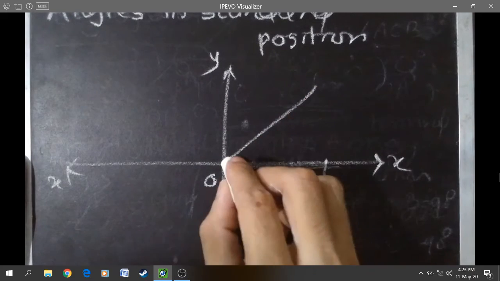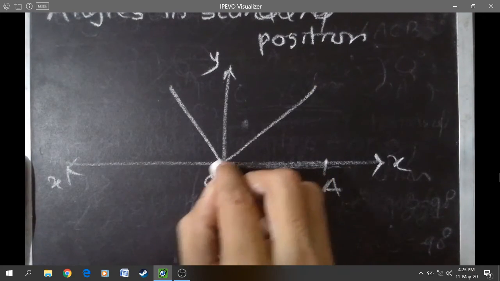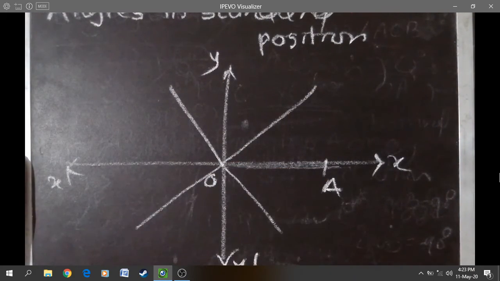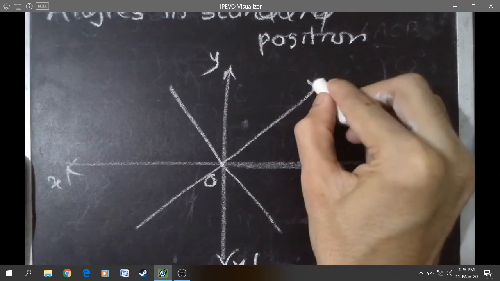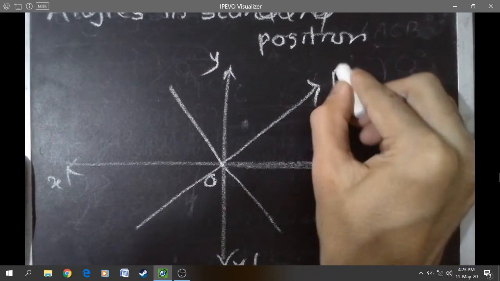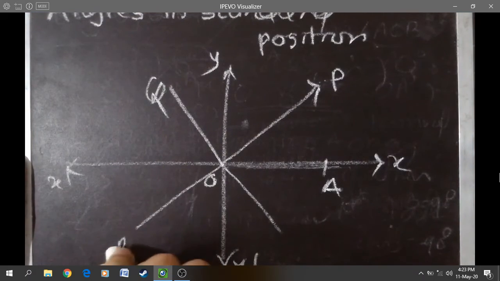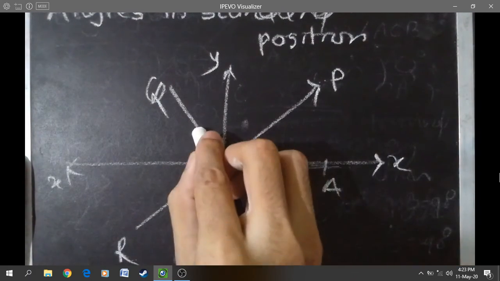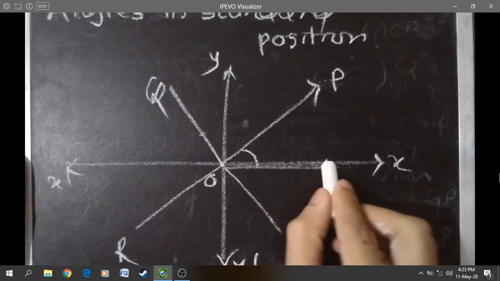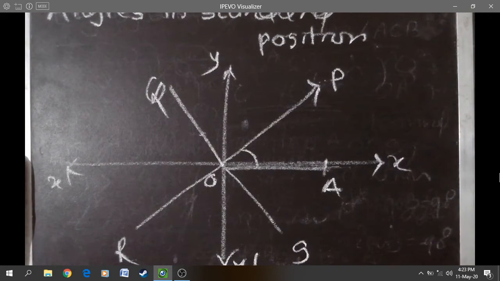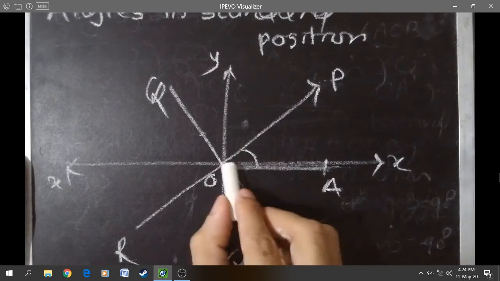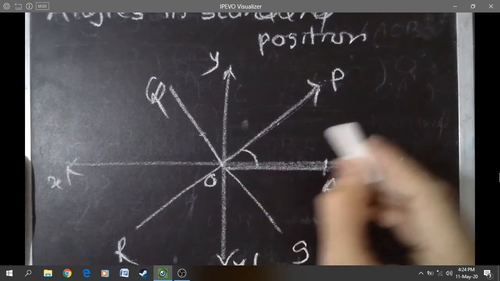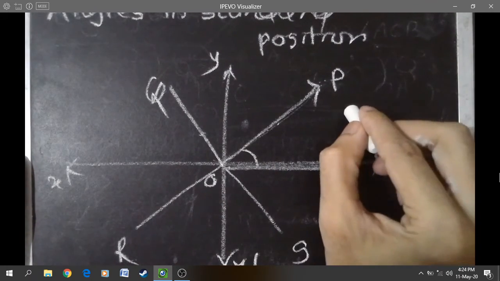You can draw angles at different points, right? Suppose these are P, Q, R. So this one is the first angle, right? Because OA is the initial ray, and OP is the terminal ray. So what is the angle here?